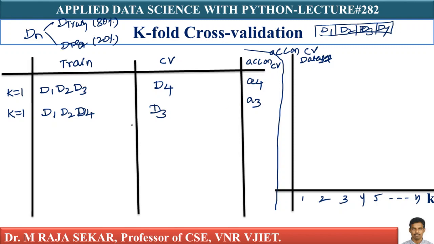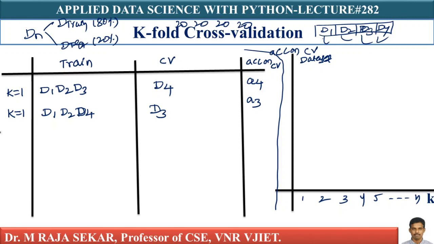My whole D-train is 80% of data, that is D1, D2, D3, D4. Each of them is 20% of data, because I broke the 80% into four parts: D1 20%, D2 20%, D3 20%, D4 20%, isn't it?